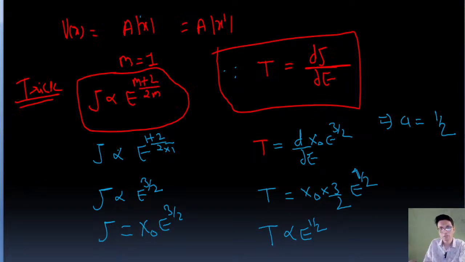So just put the value. And there is a formula: time period equals del J upon del E. We just put the value, differentiate angular momentum with respect to E, and we get T is proportional to E to the power 1 by 2. So it means the value of a is 1 by 2. I hope, guys, you have understood it. Very simple. Next question we are going to do.